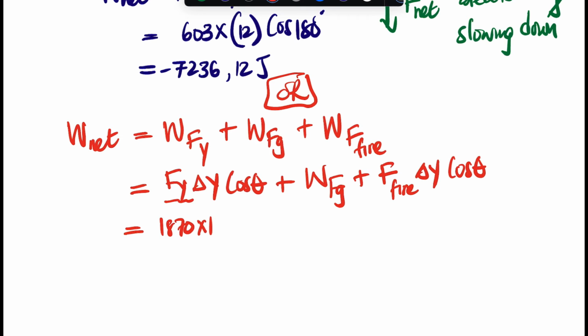So it's 1870 and the displacement is 12, and then cos, no, I'm not doing it right, because the Fy is supposed to be 1870 sine 40, and then times the displacement, which is 12, times cos 180, because the y is going downwards.